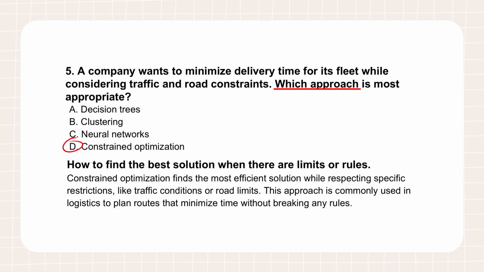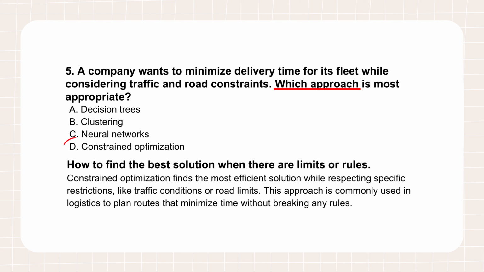Road rules, traffic. And the other methods mentioned, decision trees, clustering, neural nets? They're powerful for other things, definitely, like making predictions, finding groups or patterns in data. But they aren't specifically designed to find an optimal solution within a set of hard constraints in the same direct way.